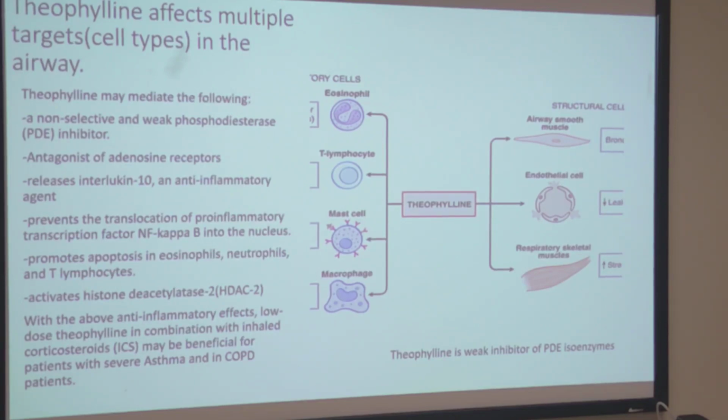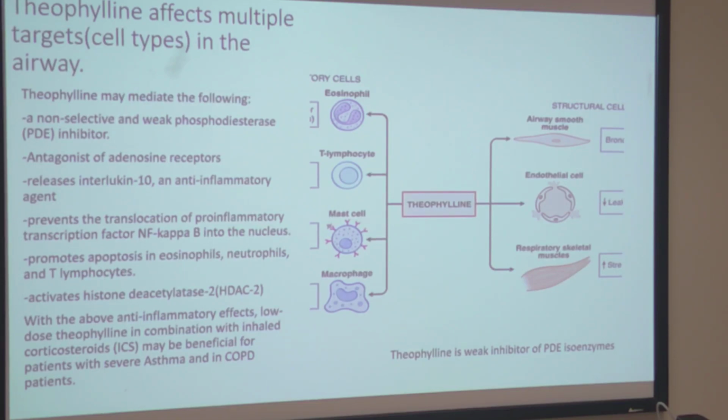So deacetylase is an enzyme which reverses acetylation. It will remove the acetyl group from the histone. Thereby, the DNA will not be replicated, will not be transcribed. So that's another mechanism of how theophylline works.